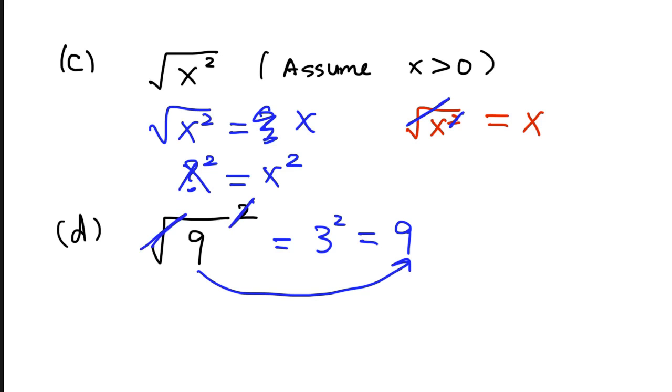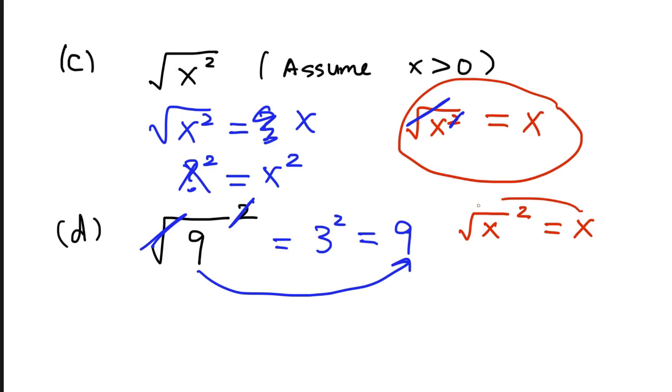So here is another nice formula. If you have a square root of x squared, this is also equal to x. So if you write these all together, there I gave you two formulas. They are all equal to each other.